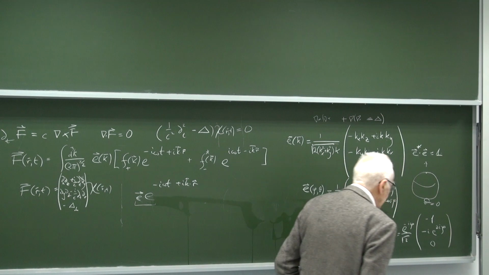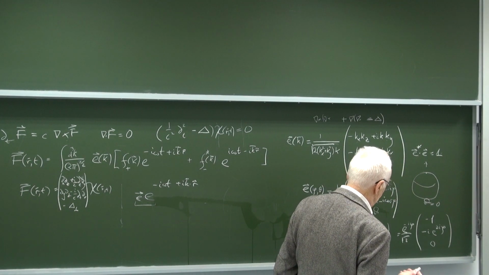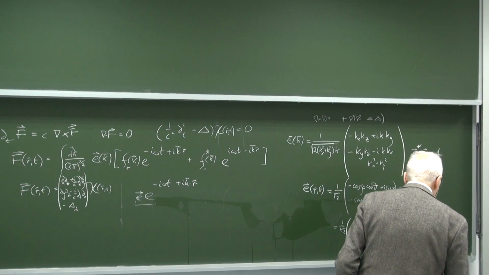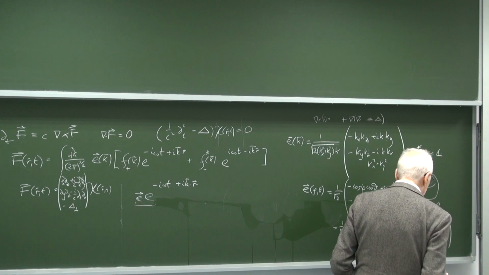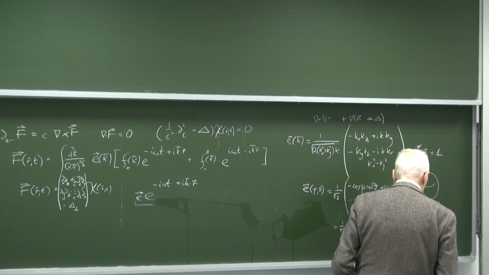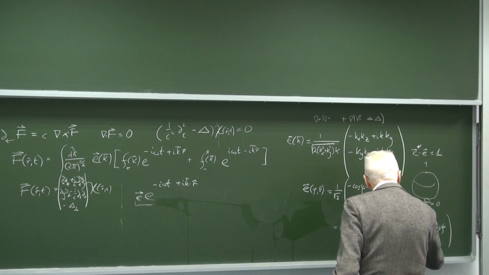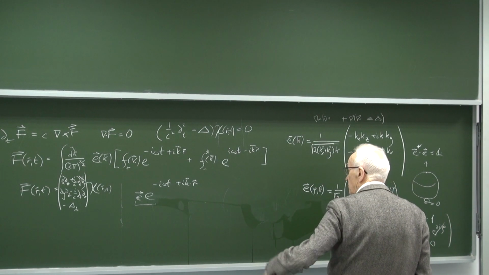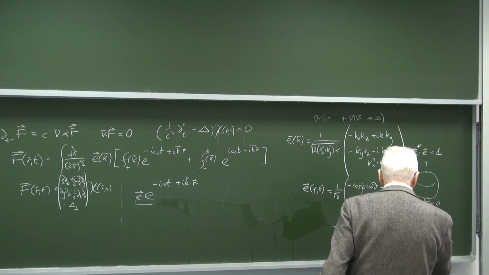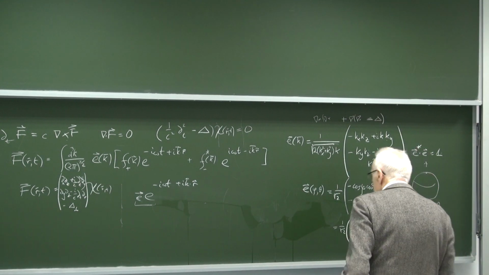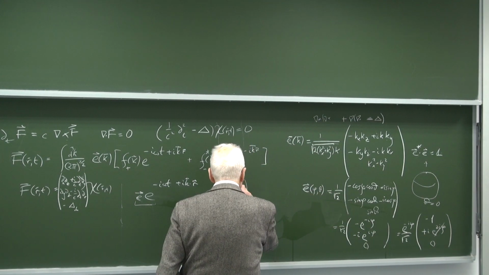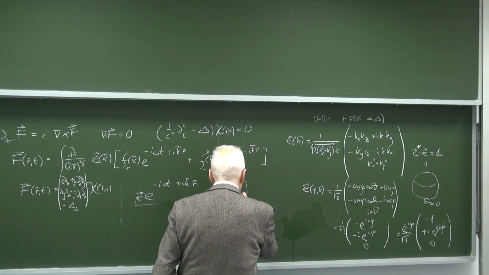Choosing phi as pi divided by 2, I obtain just minus 1, which will cancel with this sign here. And we have now, apart from this phase factor, which should not be important because we can always multiply this wave by any amplitude, the important thing: we get the polarization vector minus 1 plus i 0.